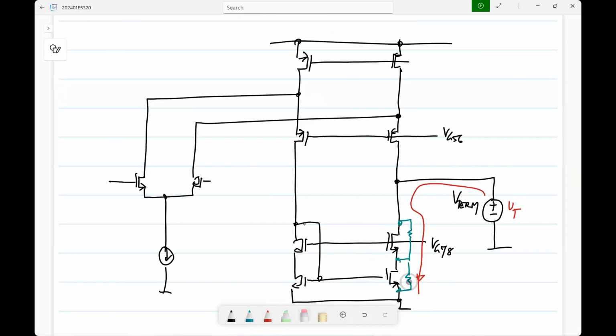So it is Vt by, let's say, gm7 rds7 rds3. This is M3 and this is M5 according to my usual notation. Now what happens to this side? So we have M1, M2.